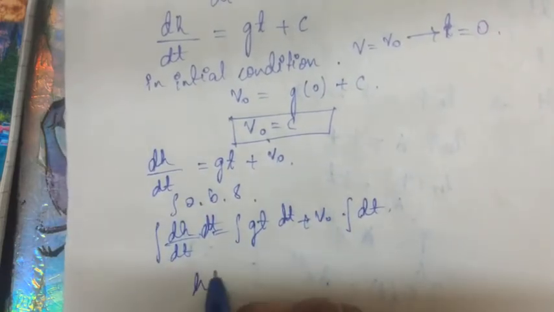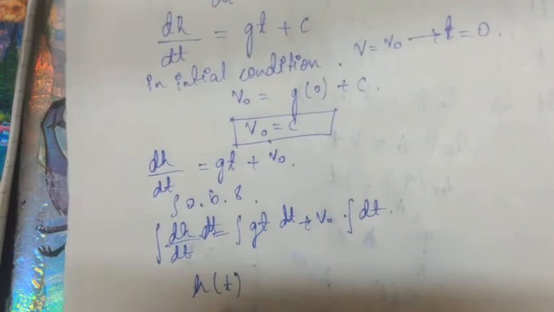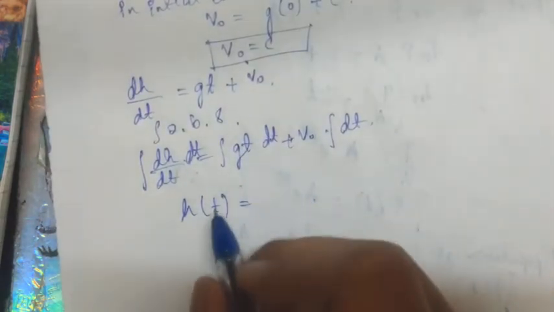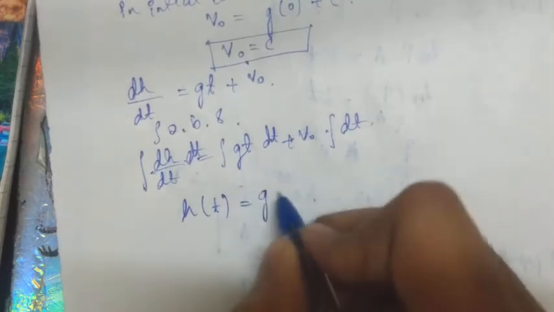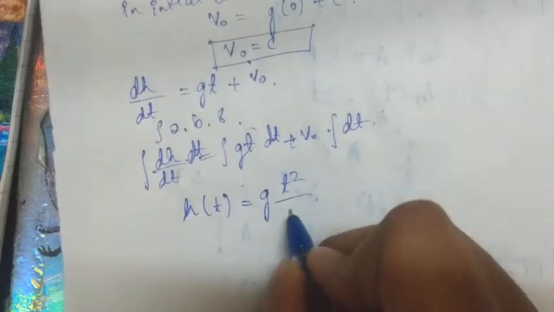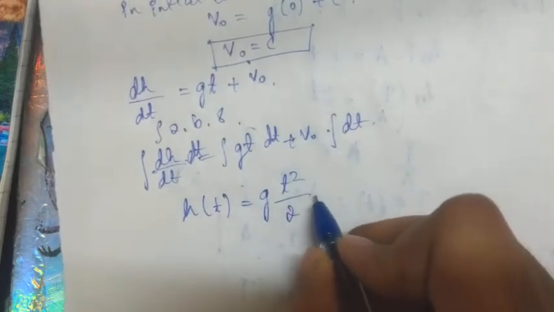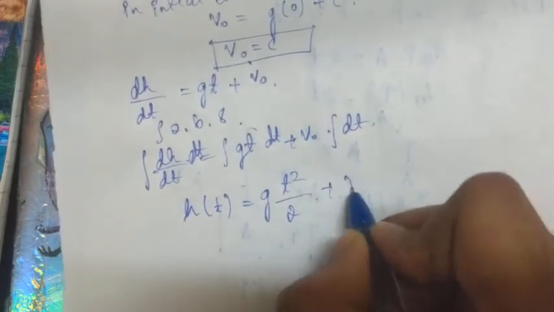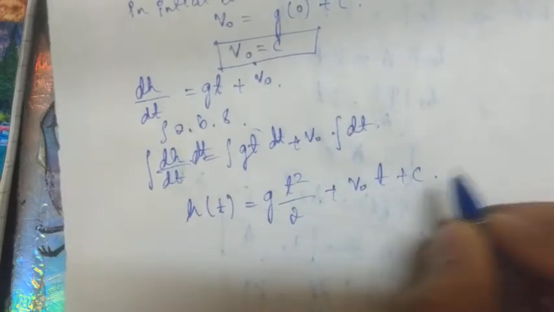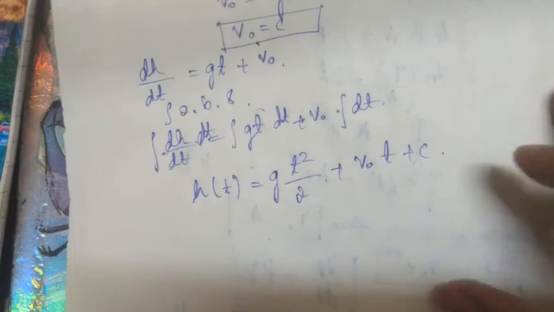If we integrate g with respect to t, we get t squared by 2, plus v naught, and if we integrate this, we get t plus an integral constant c.